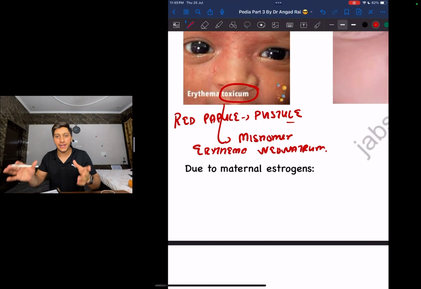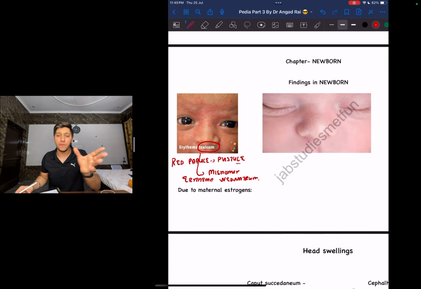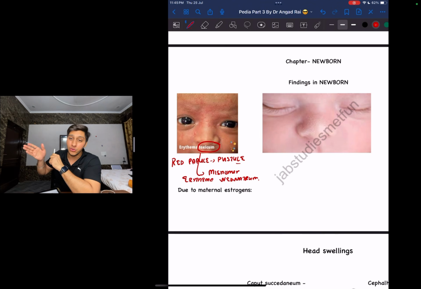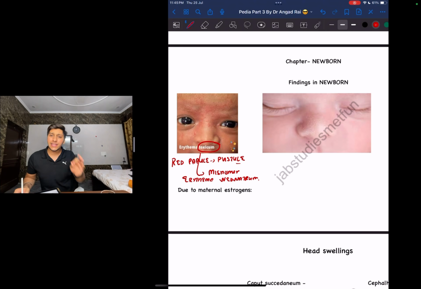Try to understand, keep logic, because even during the examination, sometimes there will be a very long paragraph question in which they're directing you somewhere else, but we have to be very aware of what the correct answer is. So this is erythema toxicum, also known as erythema neonatorum, and this is a completely benign condition. Don't worry, tell the mother it is completely okay, the baby will be alright.